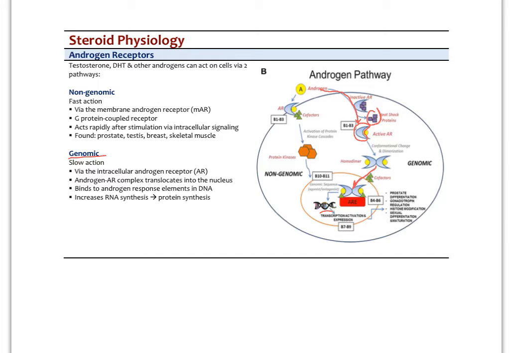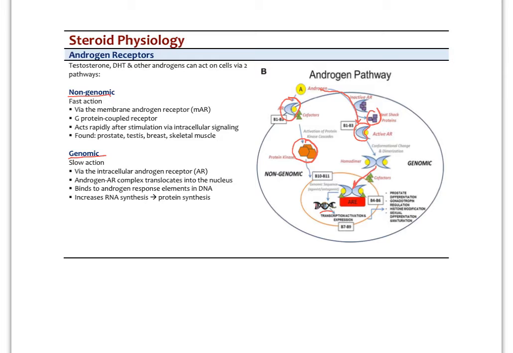That's the genomic pathway. The non-genomic is a rapid-acting pathway, and it's fairly newly discovered, so we don't know a lot about it. But this is where the androgen binds to a cell surface androgen receptor, and that is going to upregulate various protein kinases. Remember, a protein kinase phosphorylates a protein, and that's going to activate the different effects in the cell.